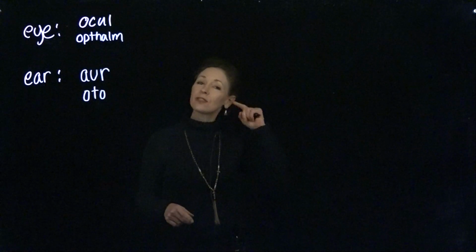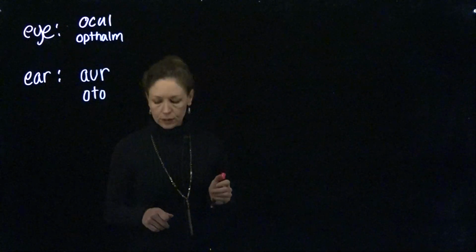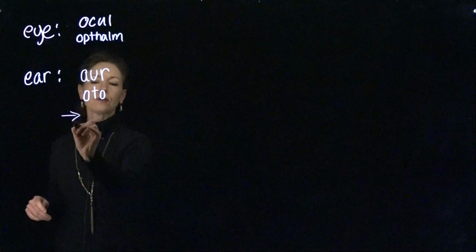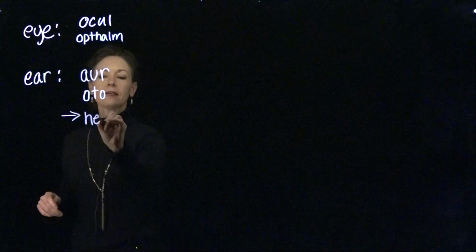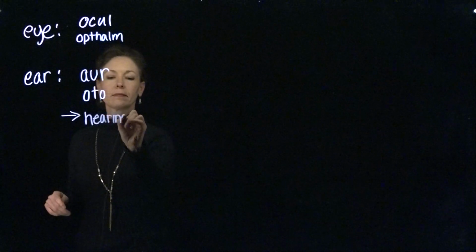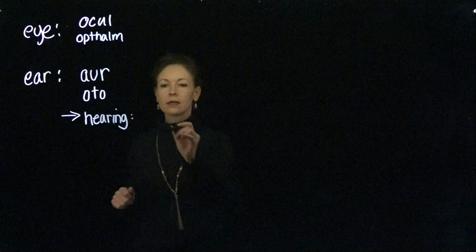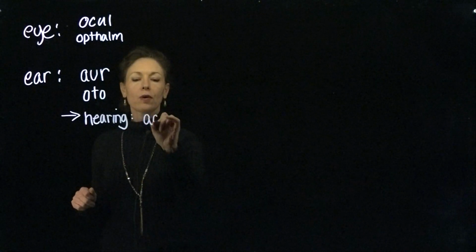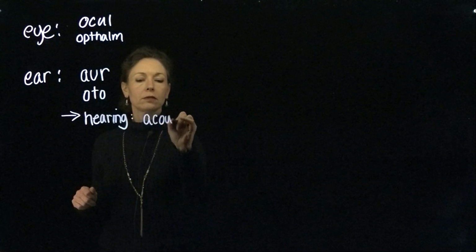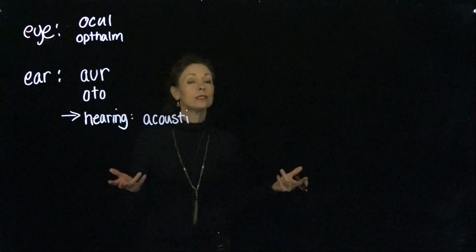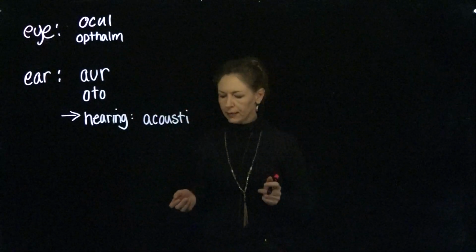If I want to see your eardrum, I need the otoscope. Coming out of this root will be one specifically for hearing. And for hearing, you're going to know acousti. So acoustic refers to hearing.